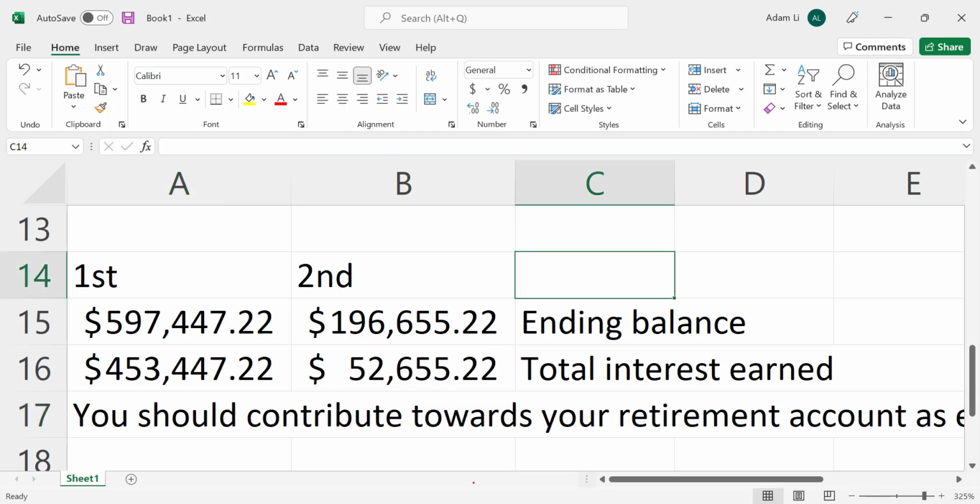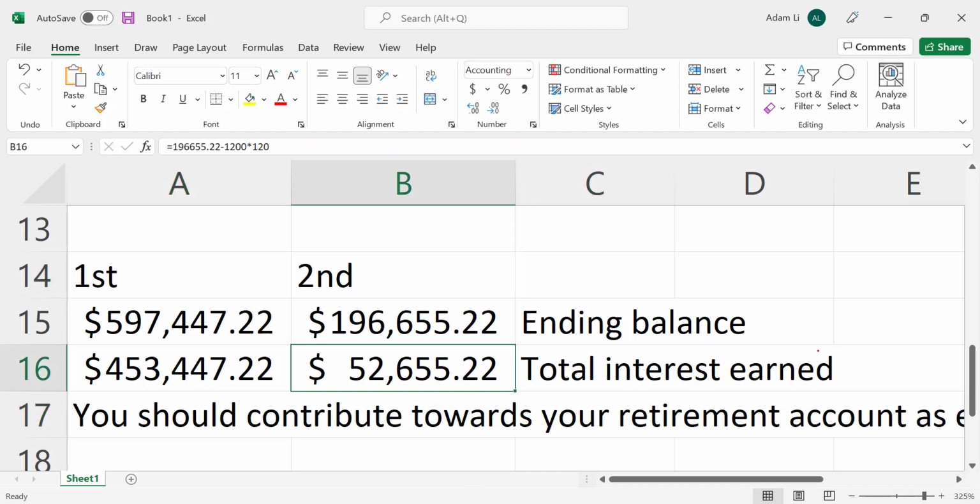Just based on these two different scenarios, we know that contributing much less money for a much longer time is so much better compared to contributing more money but for less time. So the time will give us a compound effect, and you end up with a lot more money.